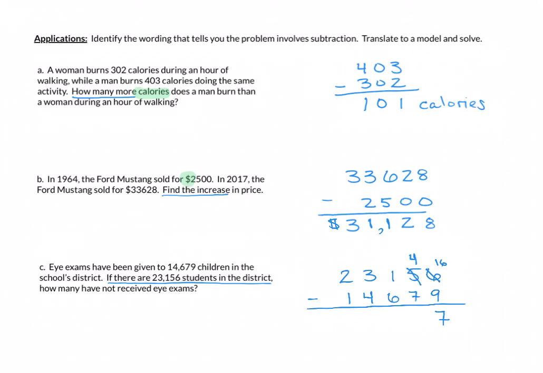And we move to the left. Can I do 4 minus 7? Can I take 7 away from 4? The answer is no. So we need to borrow. My 1 becomes a 0. We add 10 onto the 4. It becomes a 14. 14 minus 7 is 7.